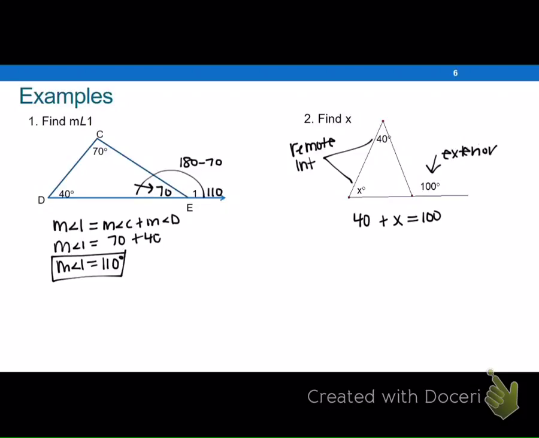So x equals 60. Or you could have said, this is 100 degrees, right? So this has to be 80. 80 plus 40 is 120. 120 plus 60 is 180. So just another way to look at that.